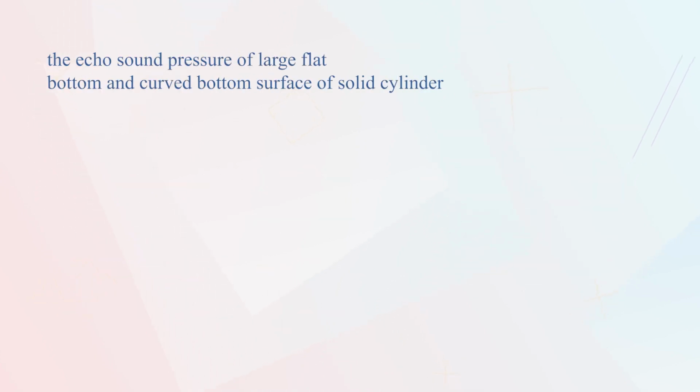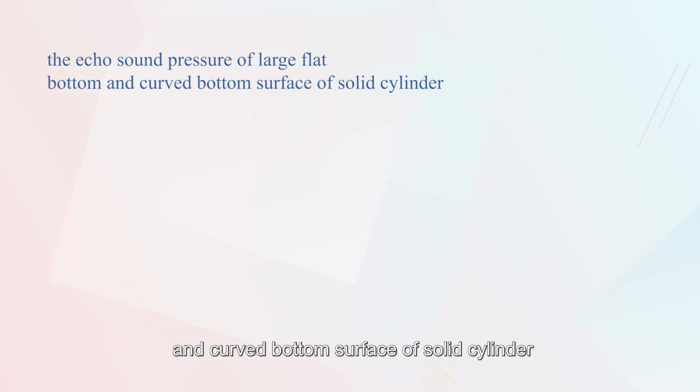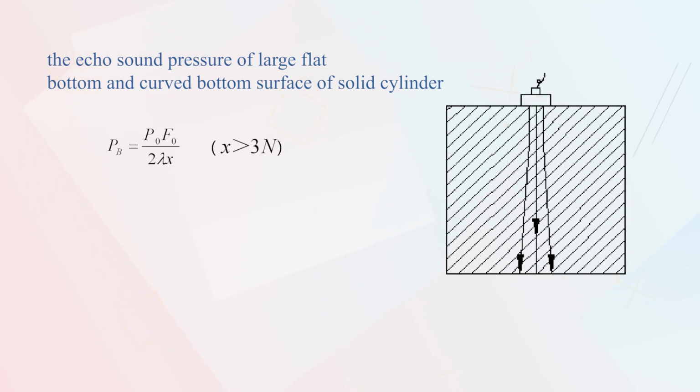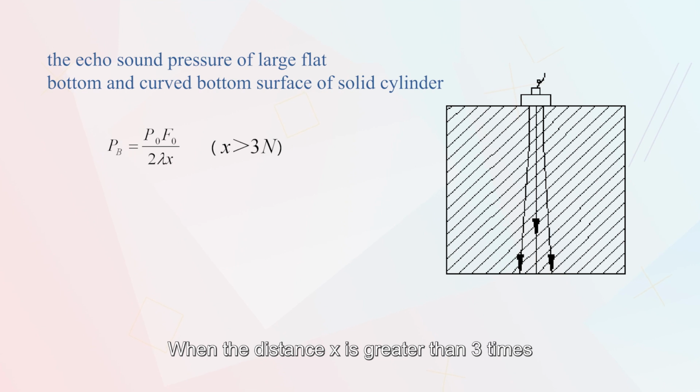5. Echo sound pressure of a large flat bottom and curved bottom surface of a solid cylinder, as the picture shows. When the distance x is greater than 3 times the length of the near-field area, the echo sound pressure is Pb = P0 F0 / (2 lambda x).